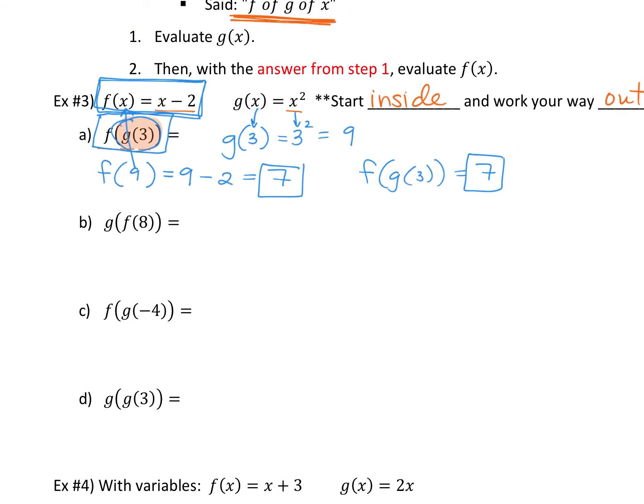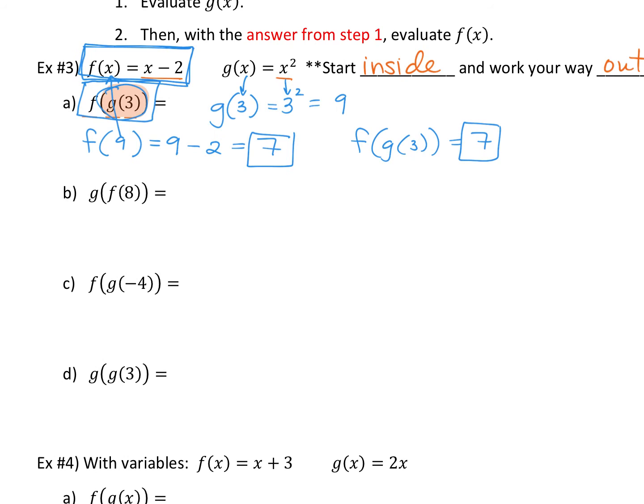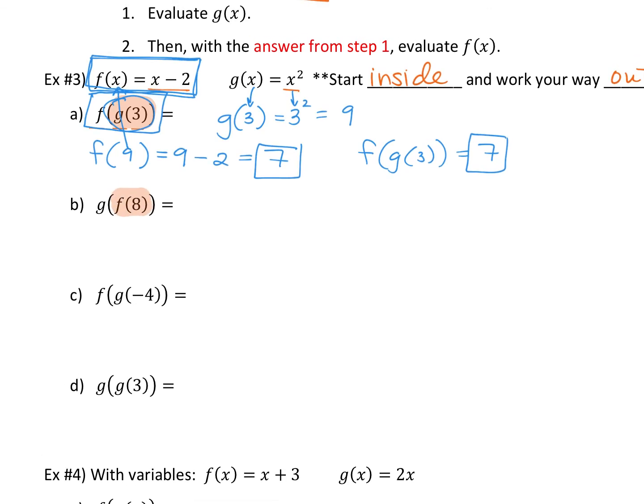Okay, so let's take a look at g of f of 8. Now notice our letters switched places, right? G of f of 8. What do we evaluate first? F of 8. Okay, so you're going to take f of 8. So go up to your f of x function up here. That's 8 minus 2. So f of 8 is 6. Now what do you do?